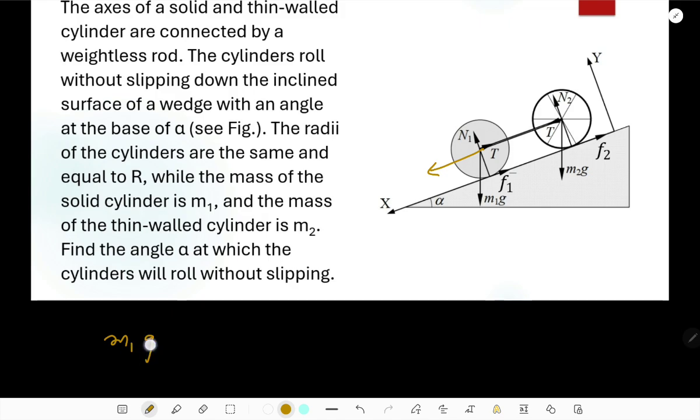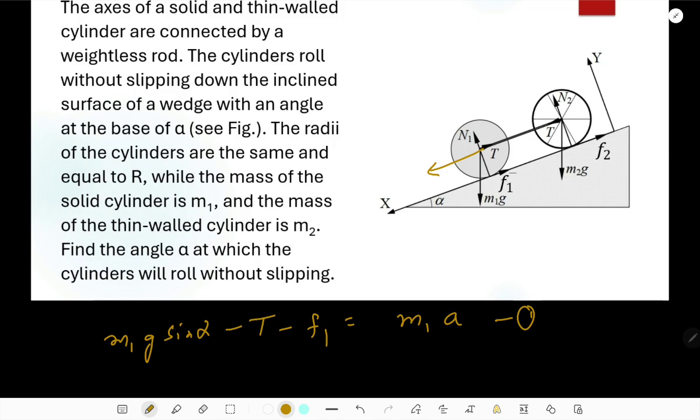That will be M1g sine alpha, and the tension in the opposite direction, and the friction in the same direction, so minus F1, and that is equal to M1, the mass of the solid cylinder, times its acceleration. This is my equation number 1.